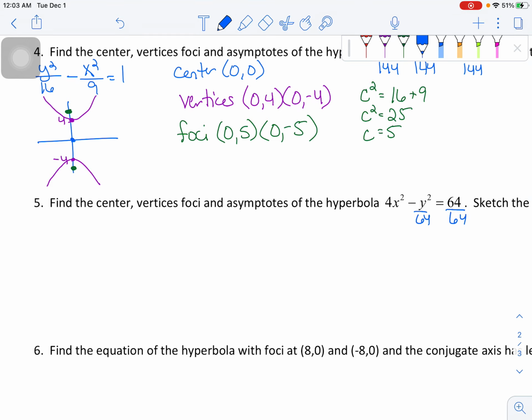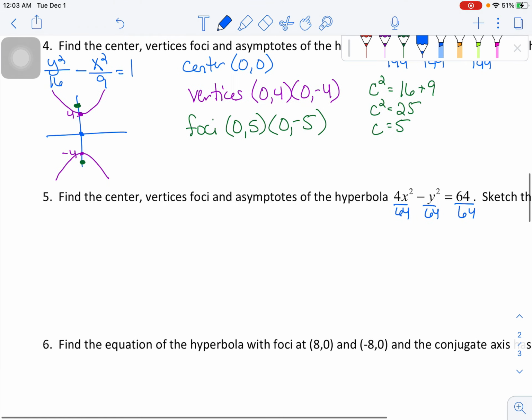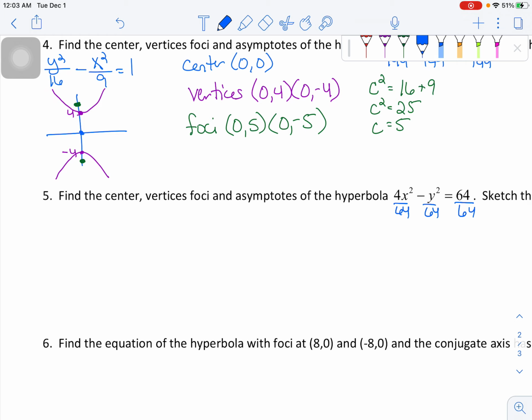Same idea. We're going to divide everything by 64 here. Okay. So this is going to be x squared over 16 minus y squared over 64 is equal to 1. And if I graph this, center is going to be 0, 0.